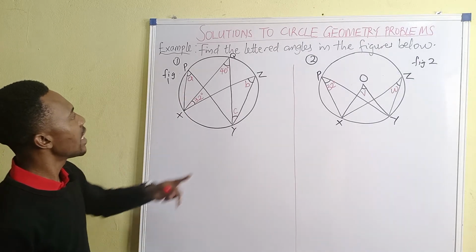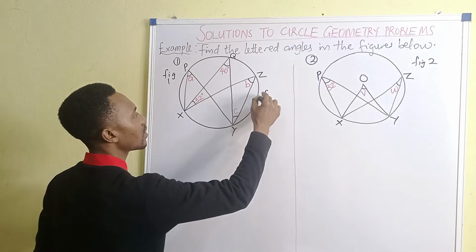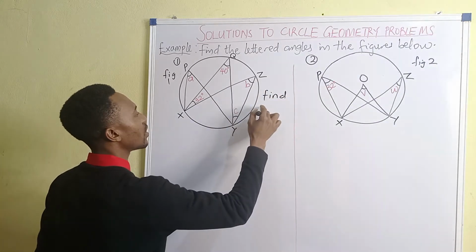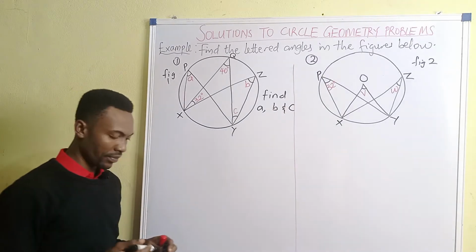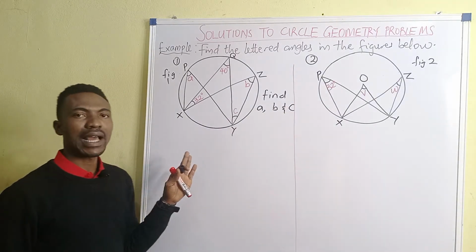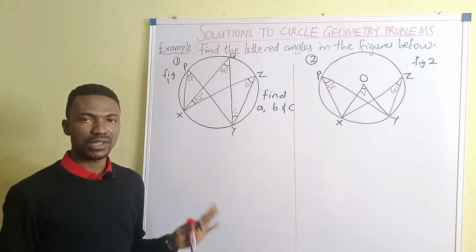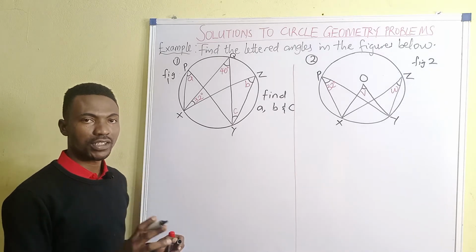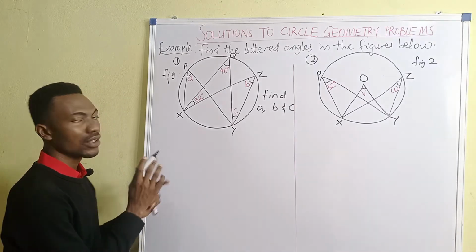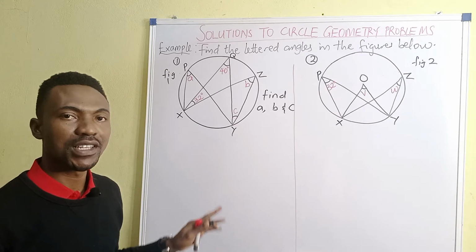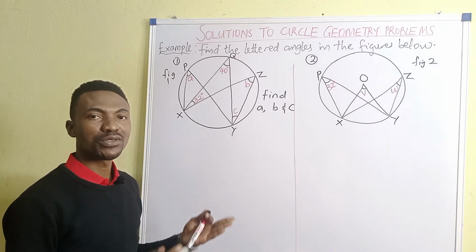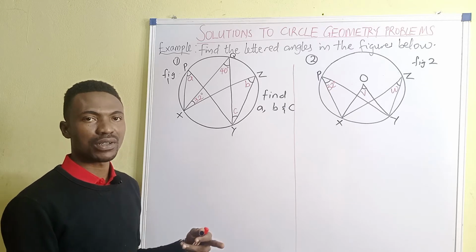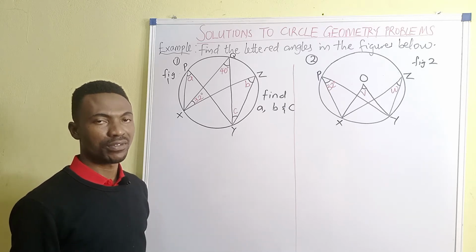We have to find A, B, and C. Now, in that theorem, we said angles in the same segment of a circle are equal. Don't forget that we established that two angles are said to be in the same segment by the principle of the common arc. So when they originate from the same arc of the circle, they're in the same segment, therefore they are equal.